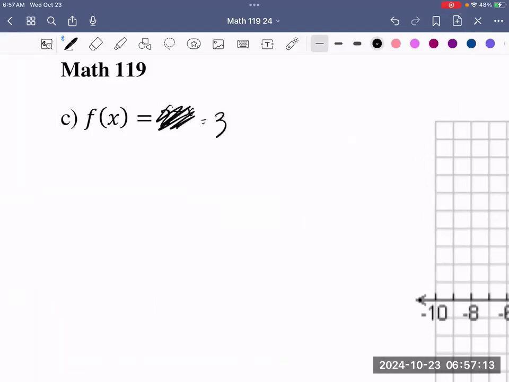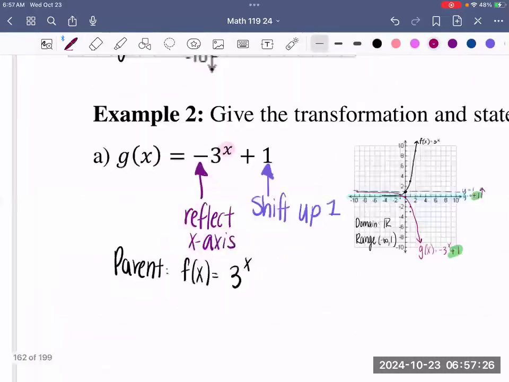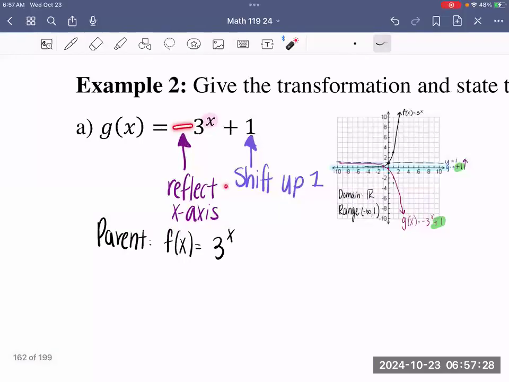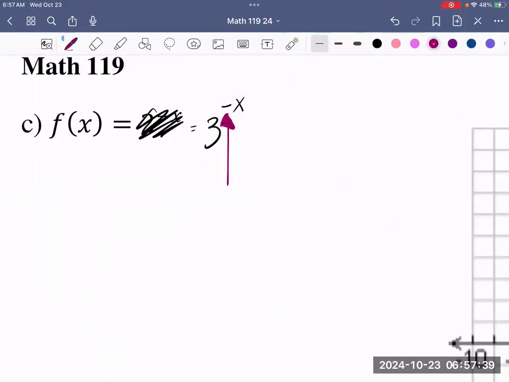I want to graph 3 to the negative x using your transformations. With your transformations, we said this negative that was on the outside reflects it over the x-axis. Now, this one being directly attached to your variable here is going to reflect it over the y-axis.